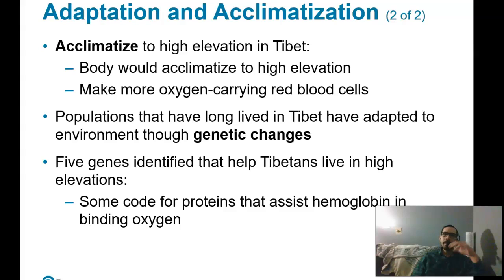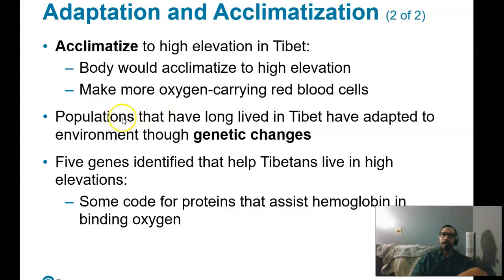So when you go to a high elevation, there's less oxygen for you to breathe. So the way that your body acclimates is by producing more red blood cells to compensate for the lower oxygen. And so that would be acclimatization, something occurring at an individual level.